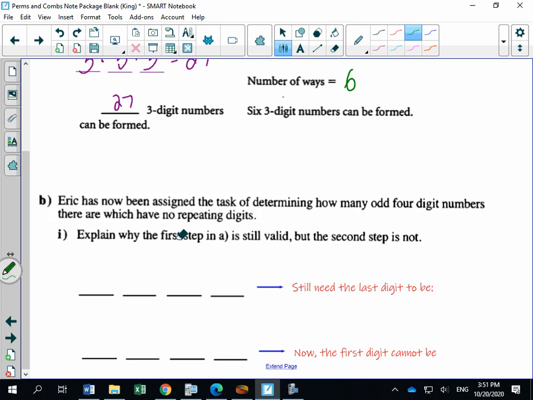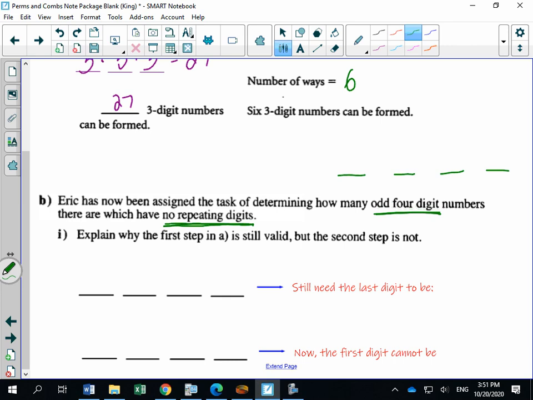Okay, so let's look at this now. Eric has been assigned the task of determining how many odd 4-digit numbers there are, and now they're doing one more restriction, and there's going to be no repeating digits. So what we did from the previous example, they want 4-digit numbers. That is going to be 4 stages.